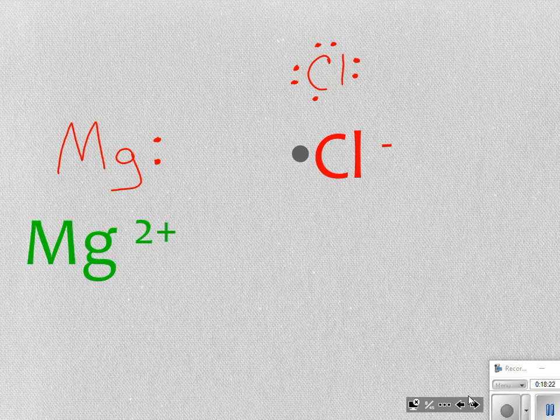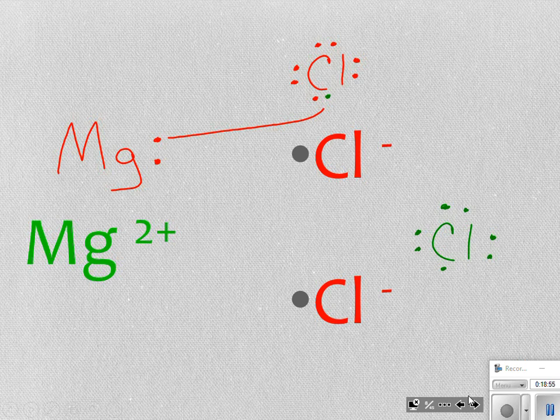So, when magnesium wants to lose electrons, it wants to lose 2 electrons. So, if I give 1 to this chlorine right here, what am I going to need? I'm going to need another chlorine, right? So I'm going to need another Cl with 7 valence electrons so that the other electron can come here.